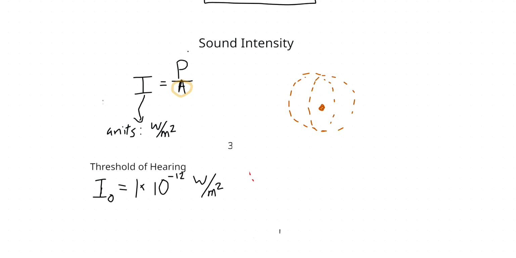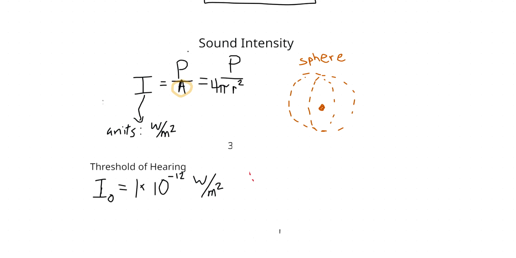And so we have intensity, yes, is power per area, but what is that area? Well, what's the area of a sphere? It is 4 pi r squared. You're going to see that equation show up on your formula sheet, and I think it says intensity due to a point source, because it spreads out spherically from some source.